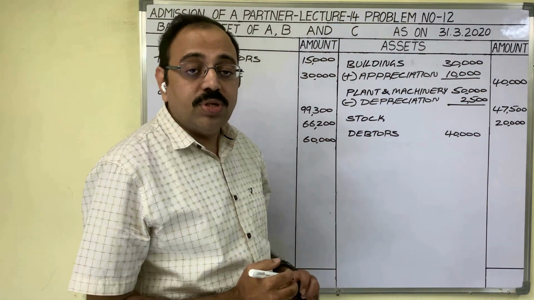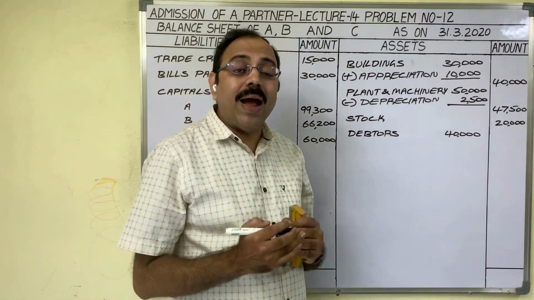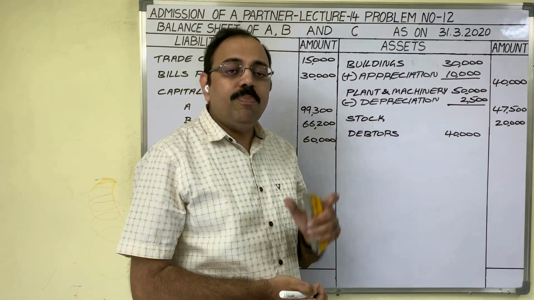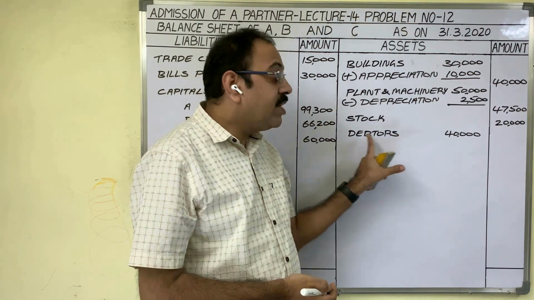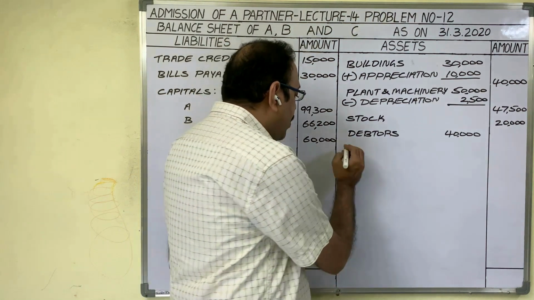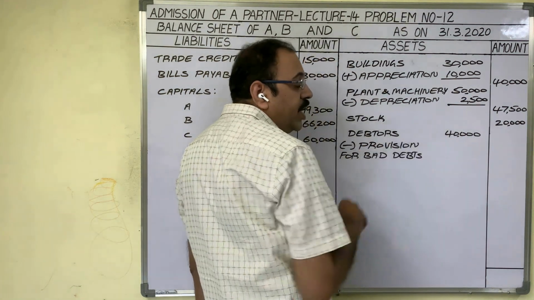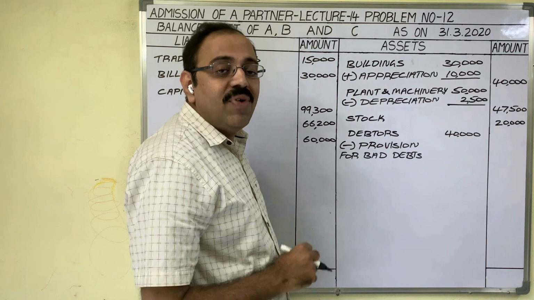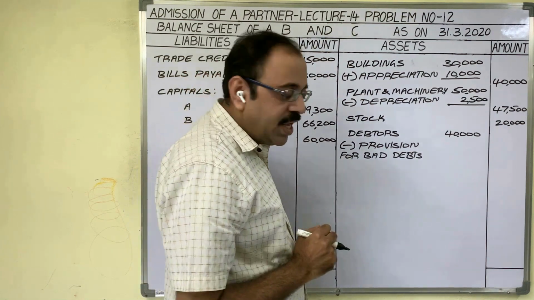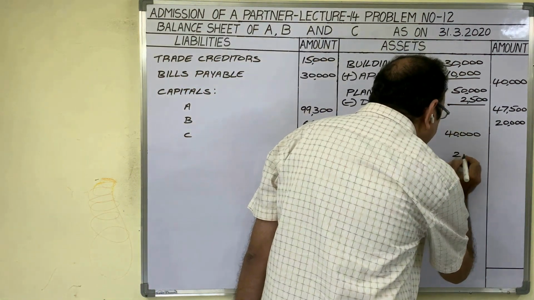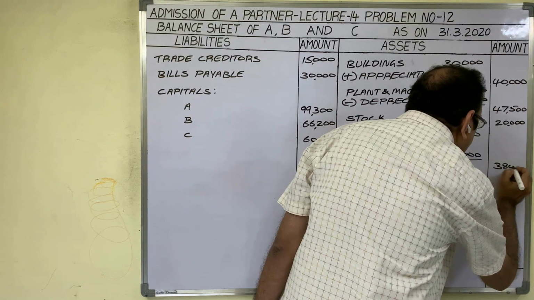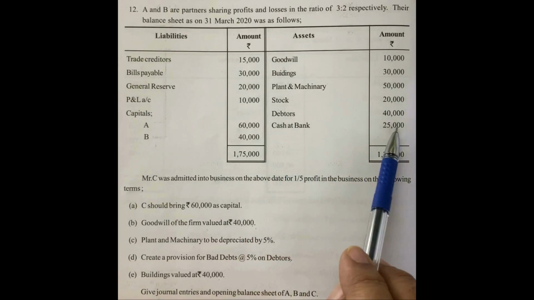On this 40,000, 5% provision for bad debt we have to provide. So provision for bad debt we have to deduct from debtors. 5% on 40,000 we have calculated in revaluation account. 2,000 rupees came. Deduct that amount. So 38,000 rupees.